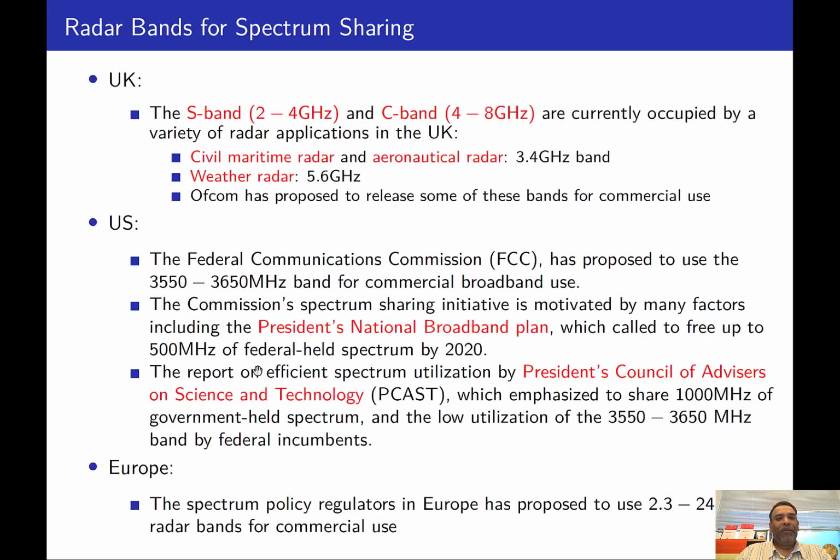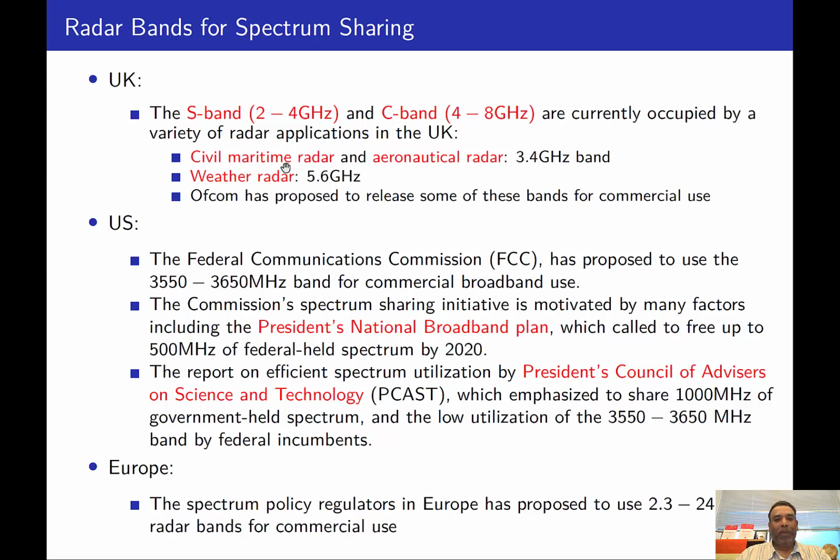So radar band for spectrum sharing: in UK, US and Europe, different radar bands are considered for spectrum sharing. For example, in UK, the S band and the C band are currently occupied by a variety of radar applications.